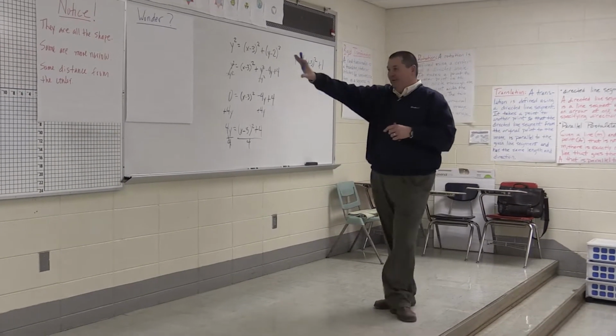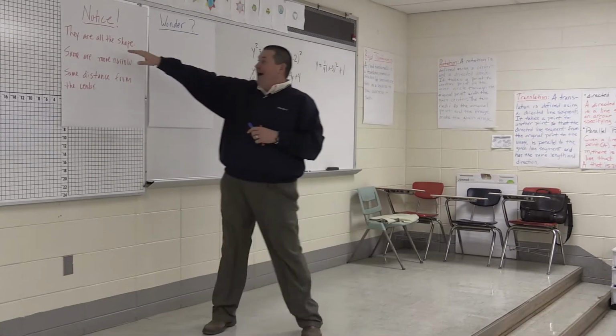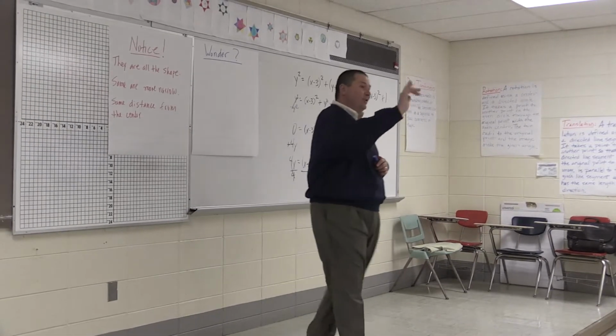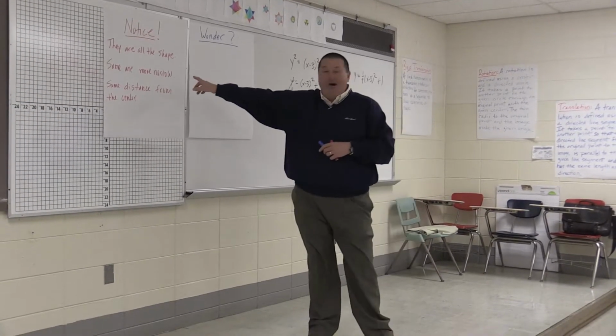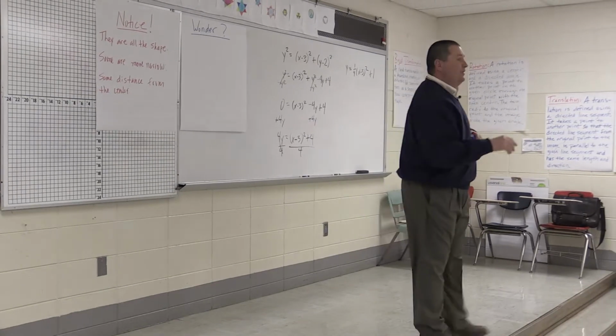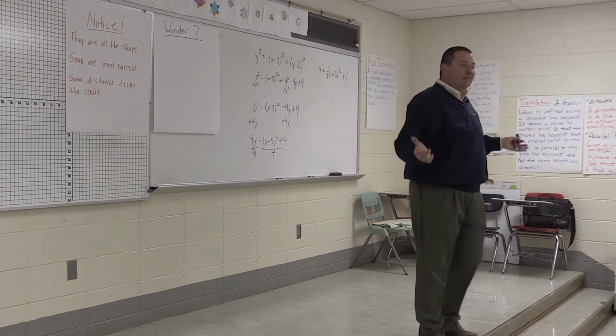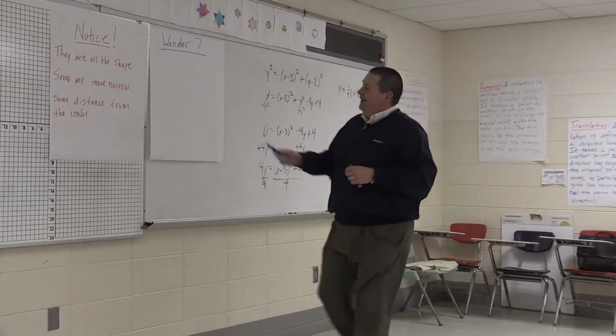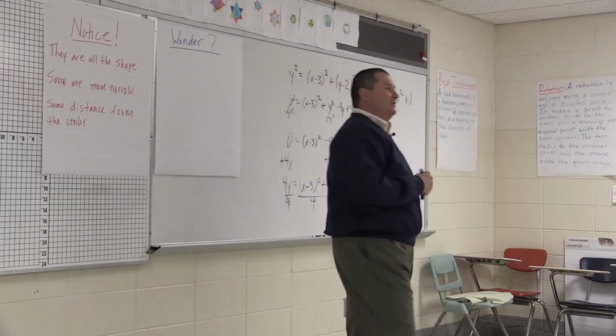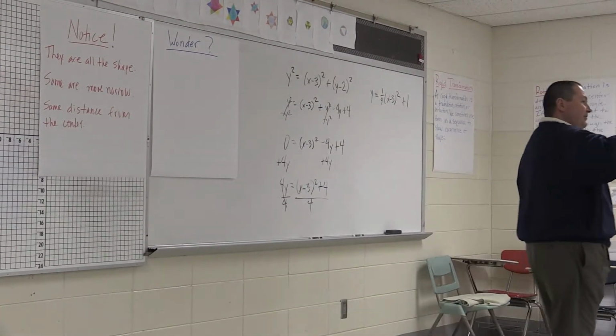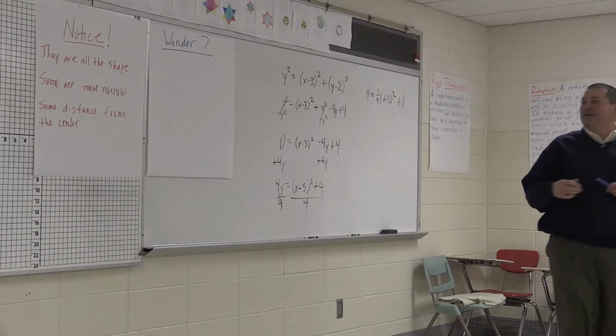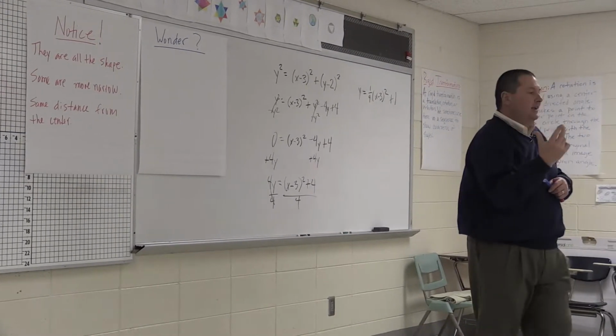All right, we'll take that. Look, they're all a parabola, so they are all the same shape. Good. Some are more narrow than the others, so they're not all the same width. And they said the same distance from the center of the parabola. Is that okay? Good.